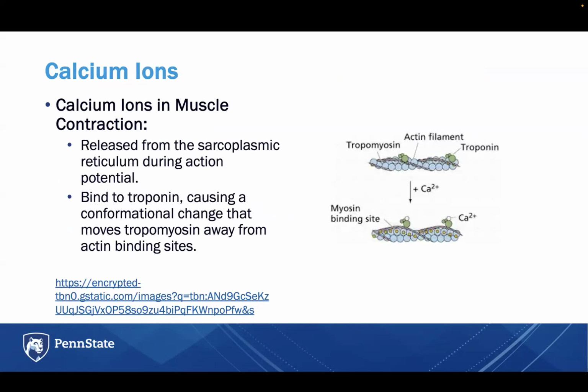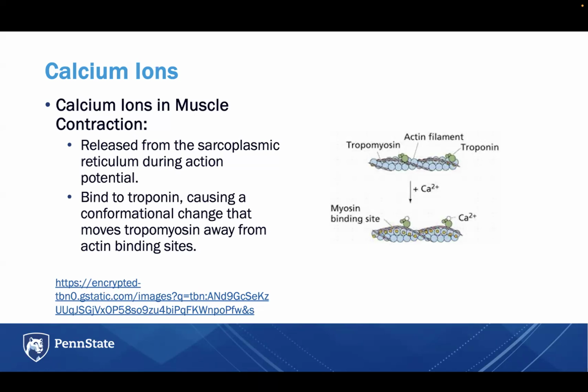Calcium ions are crucial in muscle contraction. They're released from the sarcoplasmic reticulum during an action potential, and they bind to troponin, which causes a conformational change that moves tropomyosin away from actin binding sites. Within an actin filament, the tropomyosin basically covers the myosin binding site of actin, and the troponin controls the tropomyosin, and the calcium ions control the troponin.